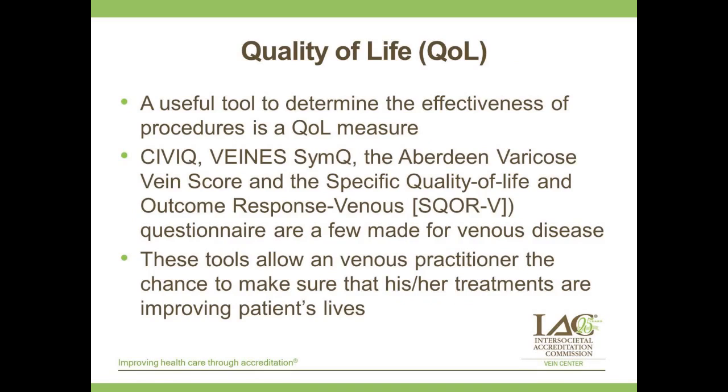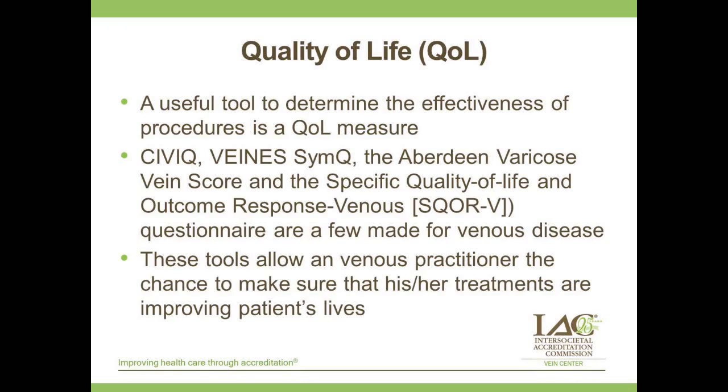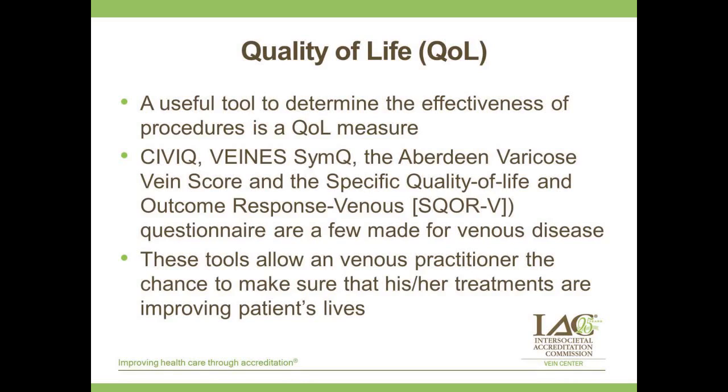I would urge you to look at many different quality of life assessments, and we have listed a few here on the slide, including the CIVIC, the Vein SIM-Q, the Aberdeen Varicose Vein Score, and the SCORE-V measures, as they all have a slightly different twist or application, and some may be more appropriate to your patient population. If you see more medical varicose vein patients with a high ulcer population, this is a much different entity than a primarily cosmetic facility.